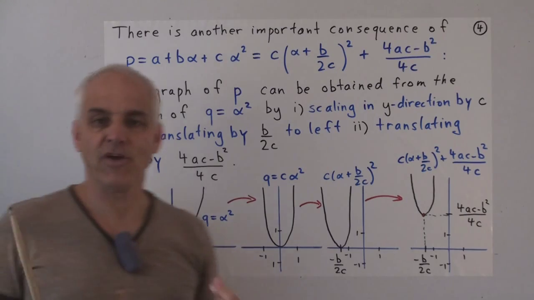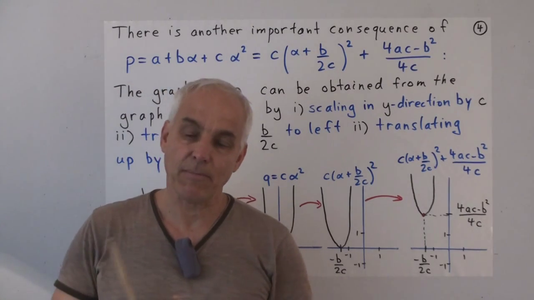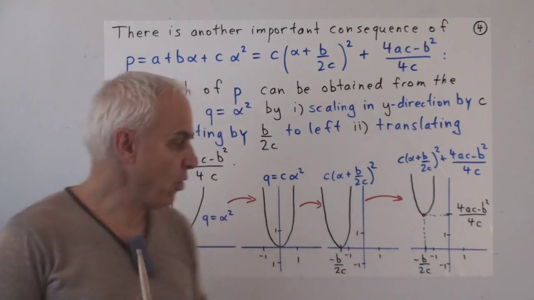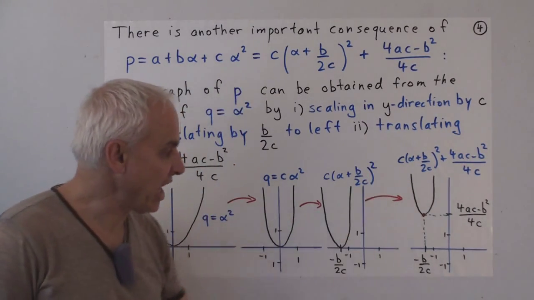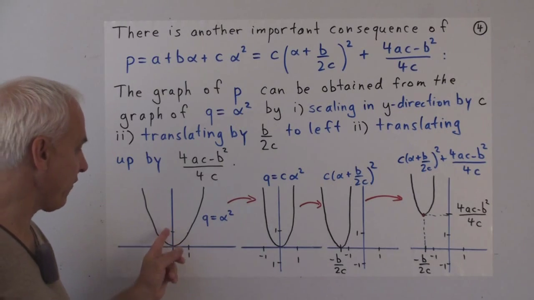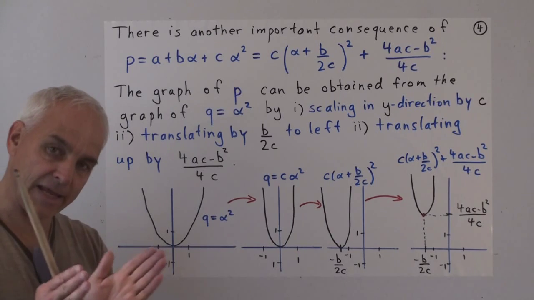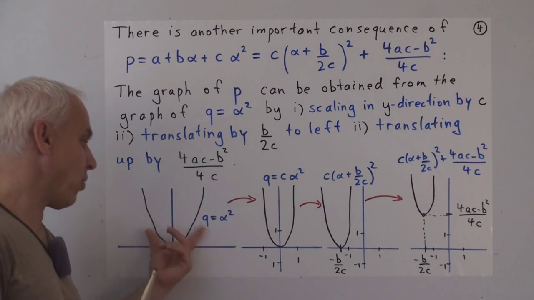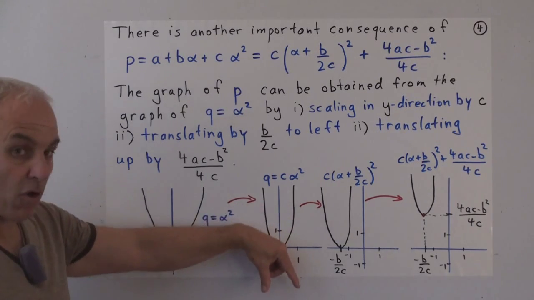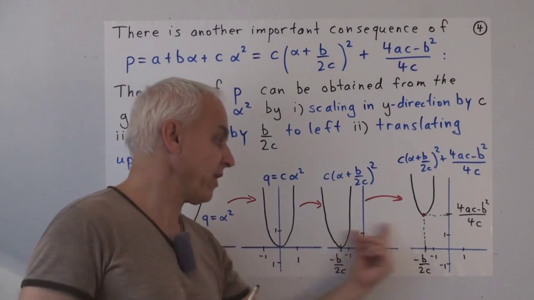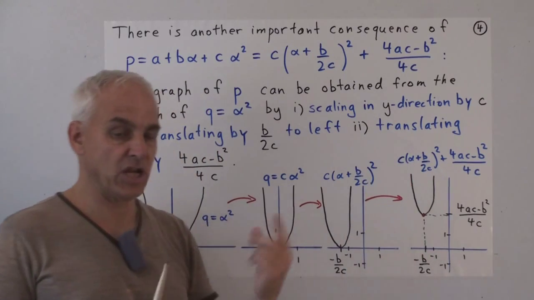And what it tells us is that all parabolas more or less have the same shape. Well, in the sense that the only real difference between the shape of the graphs is going from here to here in this rescaling. So we're rescaling it, making it wider or narrower, and perhaps flipping it over. But then after that, we're not really doing anything to the shape. We're moving it around, translating it, but not changing its shape.